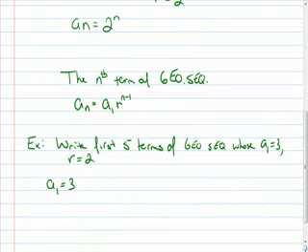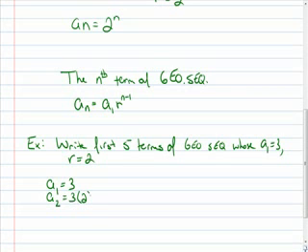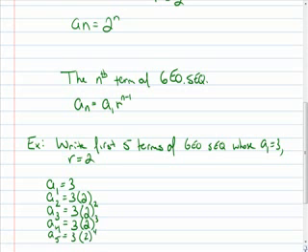The second term would be the first term times the common ratio to the 2 minus 1 power, or 1, which would just be 2. The third term would be the first term times the common ratio to the 3 minus 1 power, or squared. The fourth term would be the first term times the common ratio to the 4 minus 1 power, and so on.